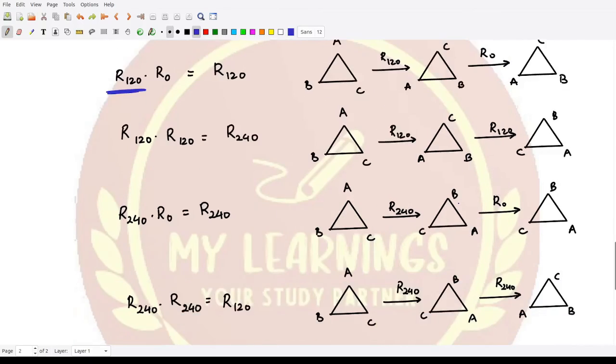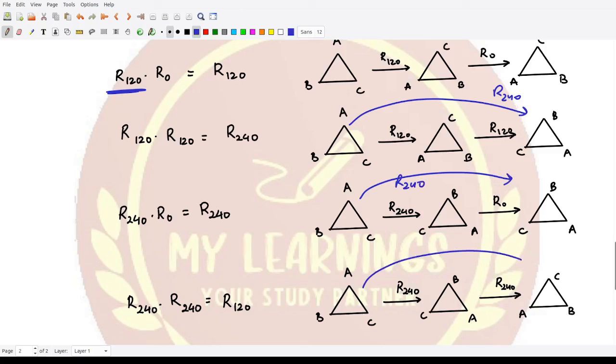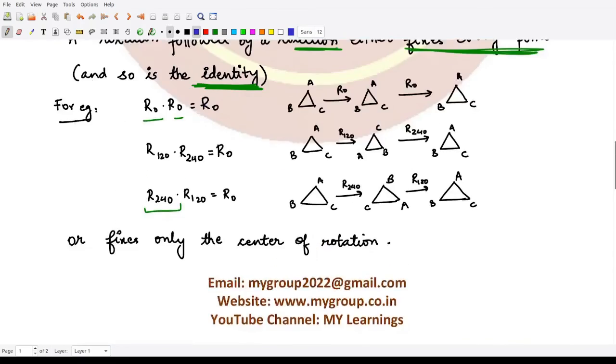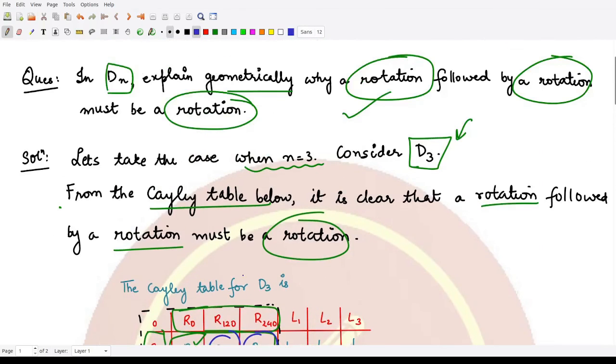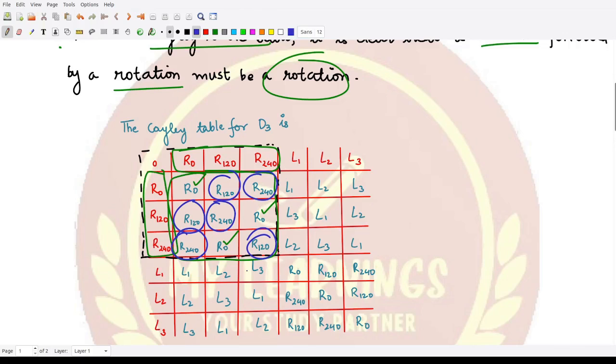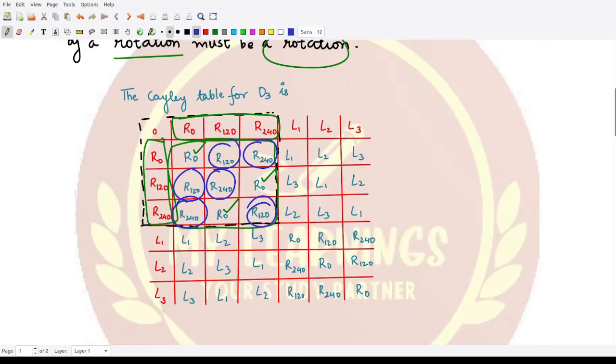Similarly, for the remaining cases, from here to here we have R240, from here to here again R240, and from here to here we get R120 as the result. So in each case, a rotation followed by a rotation gives us a rotation, and hence in D3, in all the cases, we see that a rotation followed by a rotation must be a rotation. This is also very well clarified by looking at the Cayley table.